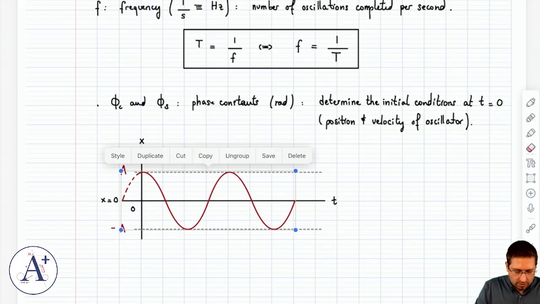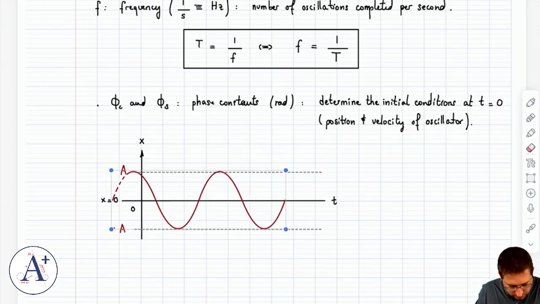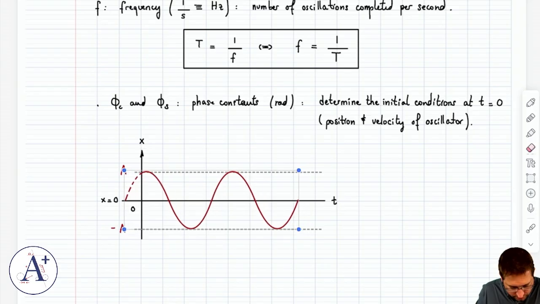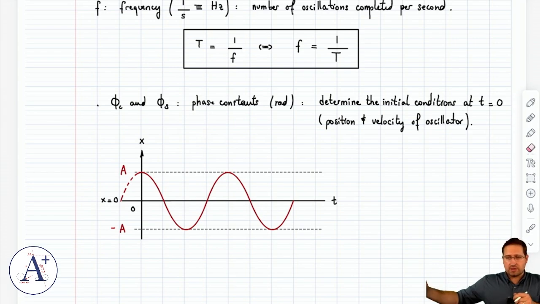But what you're effectively doing with phi is you're sliding this curve left and right so that whatever value you get at t equals 0 matches what your oscillator is doing at t equals 0. So is your oscillator going through the equilibrium position moving to the right, or is it at x equals A at one end of its oscillation and about to come back? That depends on the oscillator. It depends how you put it in motion.